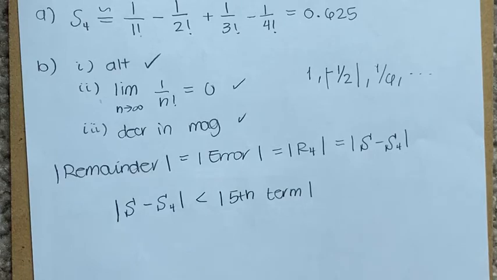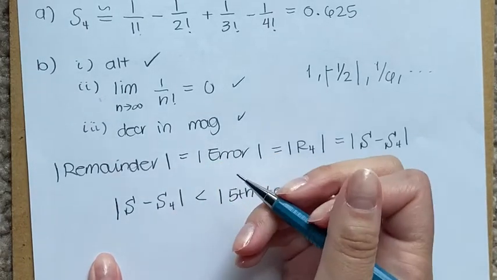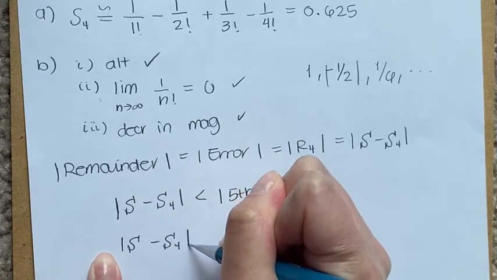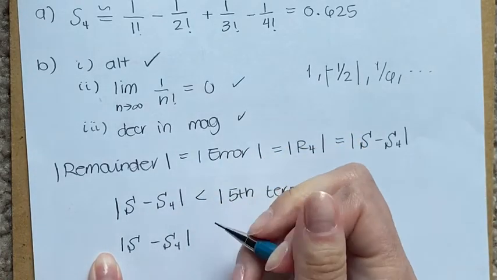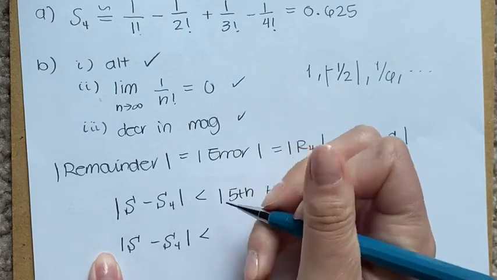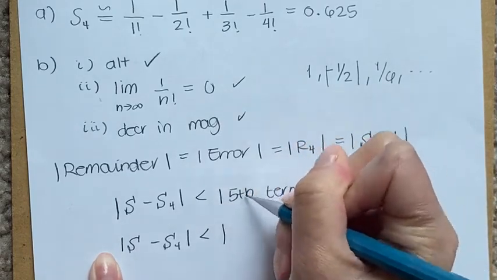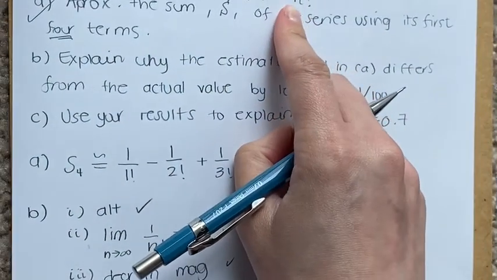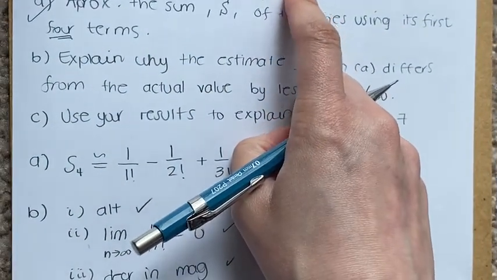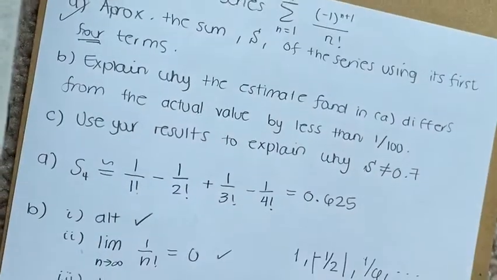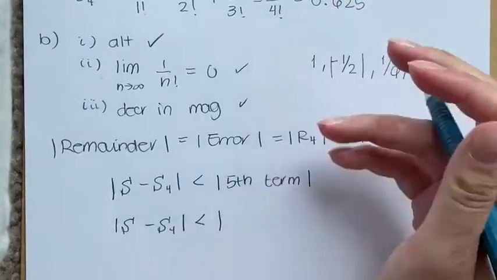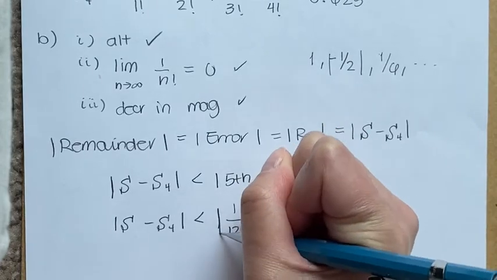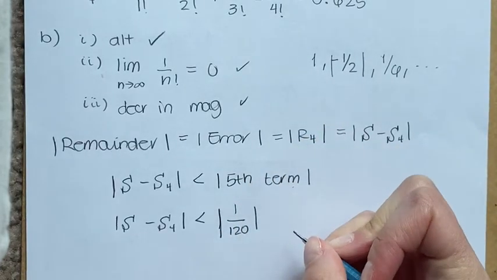So the error, however you want to call it, is going to be less than the 5th term. The 5th term is when you plug in the 5 here. It's going to be positive, but honestly you don't care about that. It's going to be 1 over 120, because 5 factorial is 120.